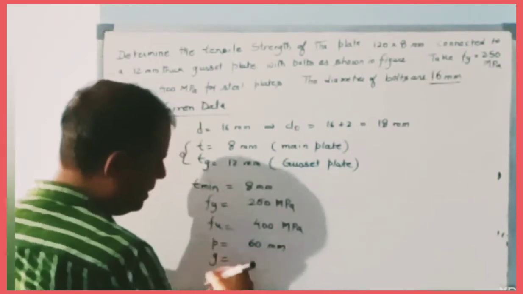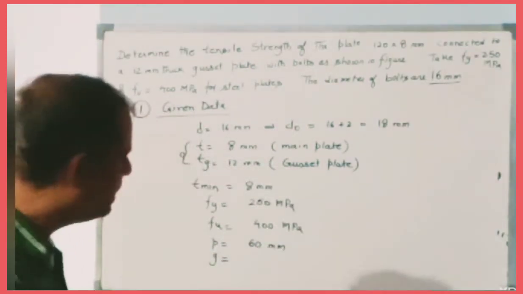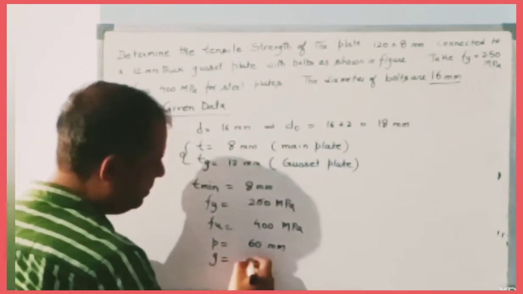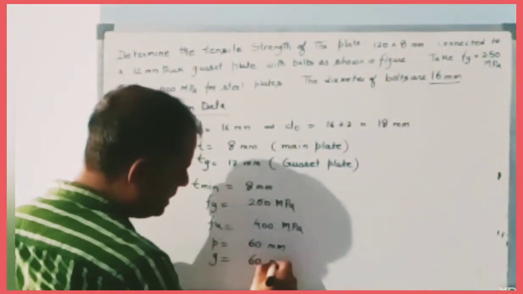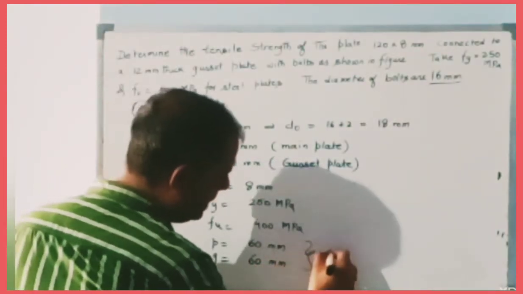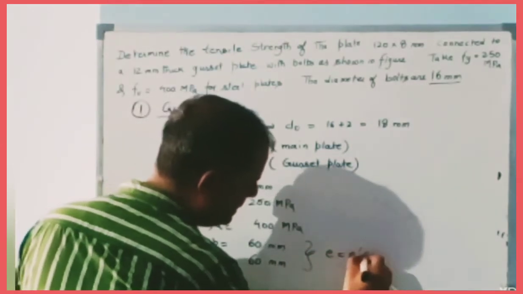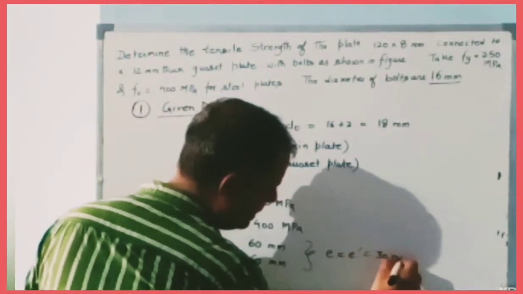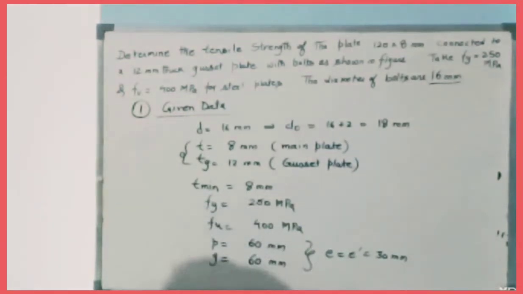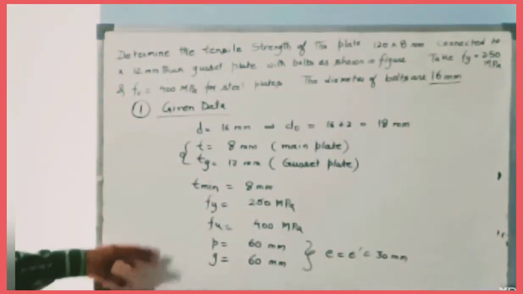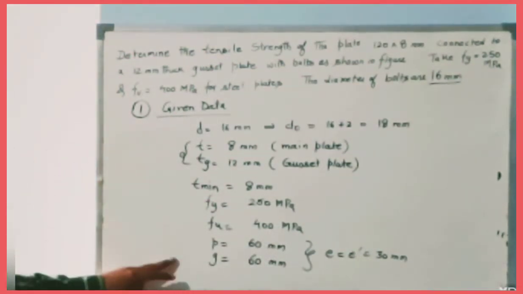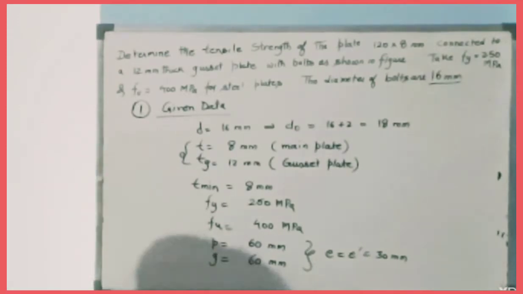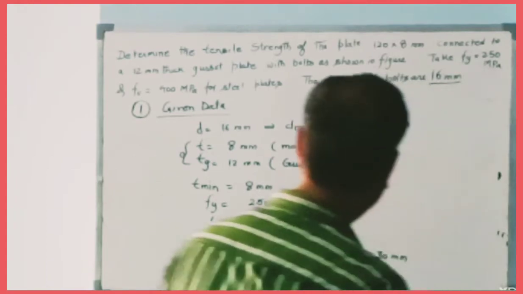Gauge, the distance between two consecutive fasteners in direction perpendicular to the applied load, is also 60 mm. And the edge distance is given as 30 mm. So this is all the data we have taken from the question itself. Now our next step is to solve this question.